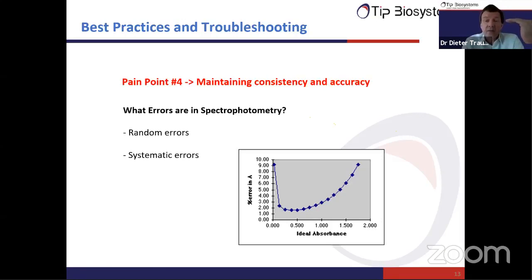And then if your absorbance increases, your error decreases. The absorbance with the lowest error is about in the region of absorbance 0.5. And definitely until absorbance of 1 or so, your error is still very small. But if your absorbance becomes very high, 2, 3, or 4, then your error increases.